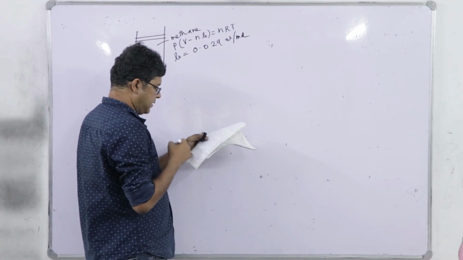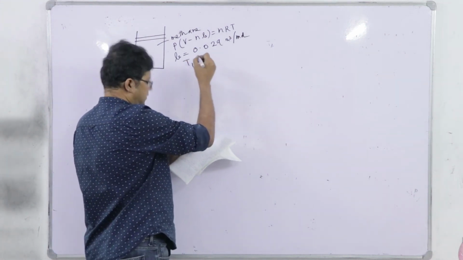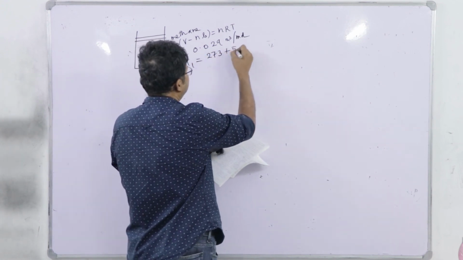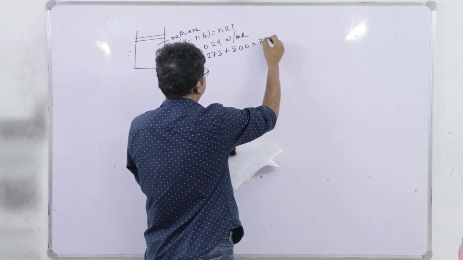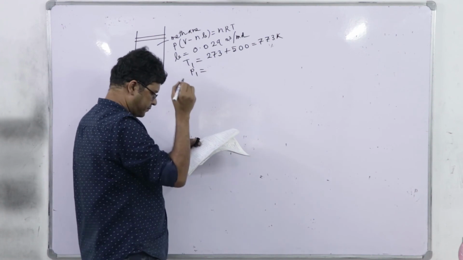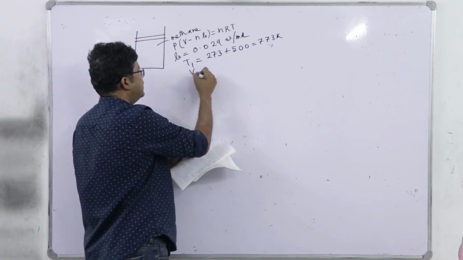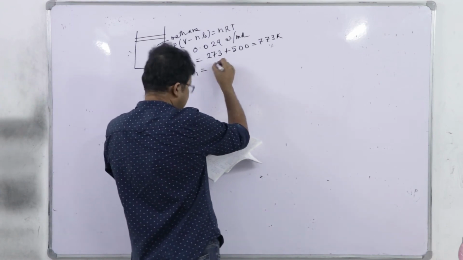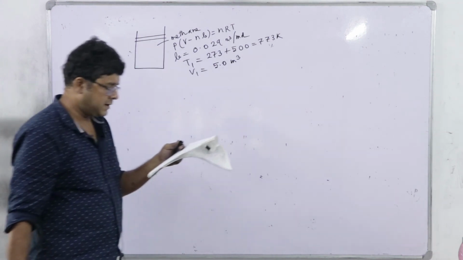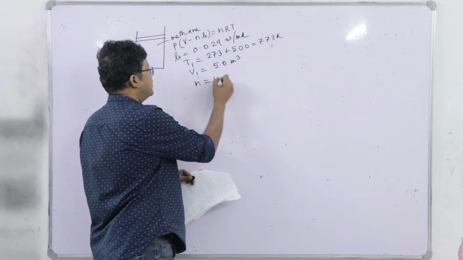The temperature T1 is 500, so 273 plus 500, 773 Kelvin, and volume is 5 meter cube, right. At this state of the system, it's 100 moles of methane.